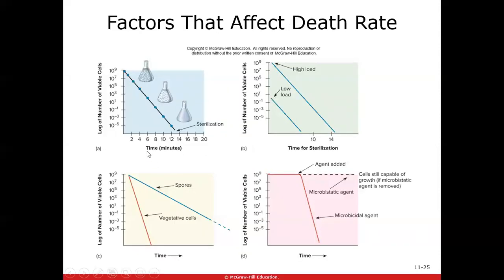So here it talks about the factors that affect death rate. This is the log number of viable cells. The higher it goes, the more viable cells you have in solution. And this is over time. So you put a certain amount of antimicrobial in with the viable microorganisms, and it starts off very high.